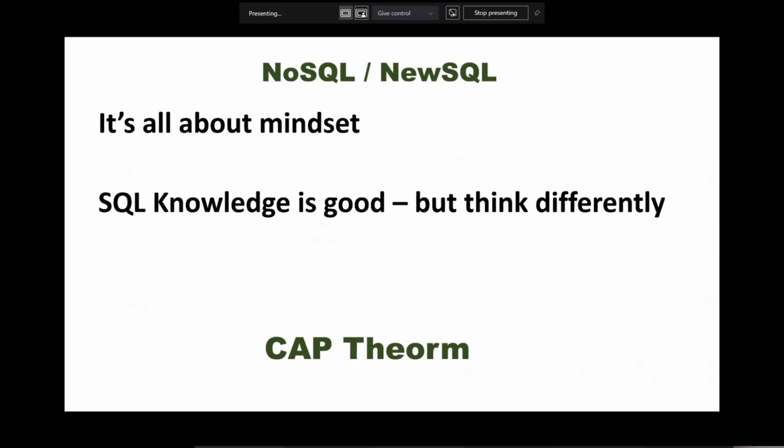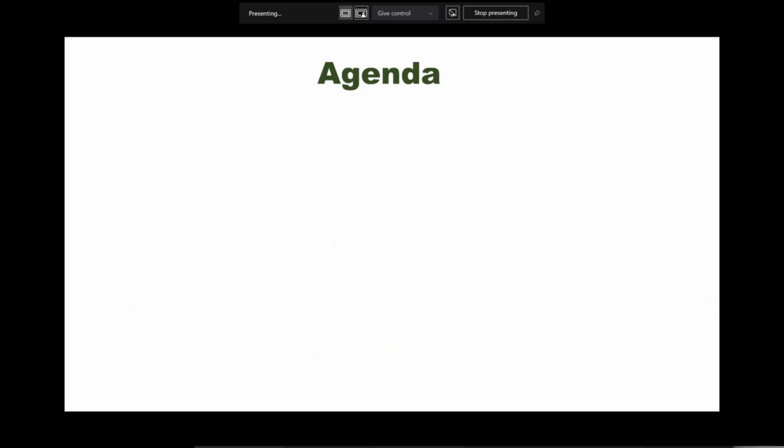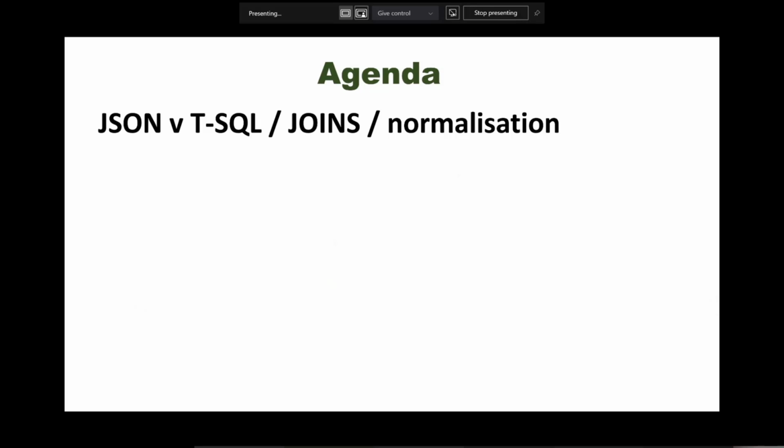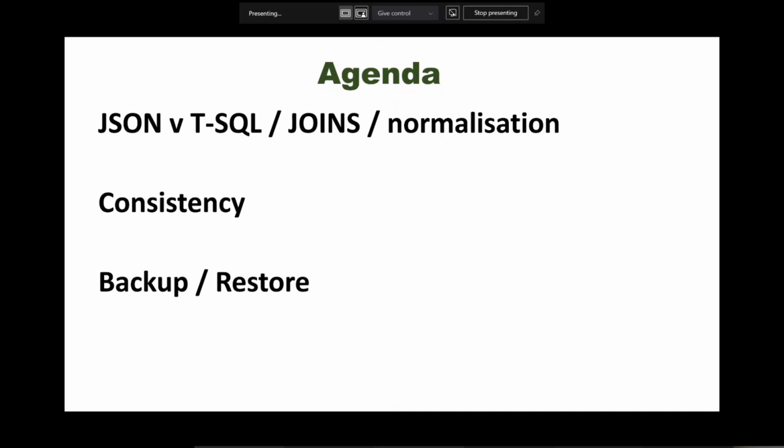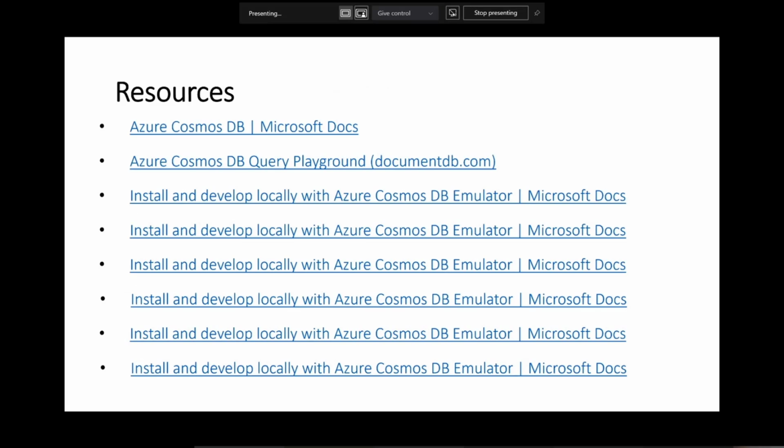You know a lot about data, which is good, but think differently when you're going into the Cosmos world. You might get some surprises. And with Cosmos, we're going to scale out, more databases, more servers, so to speak, rather than scaling up. So we're going to look at joins, normalization and T-SQL, consistency, and backup and restores.